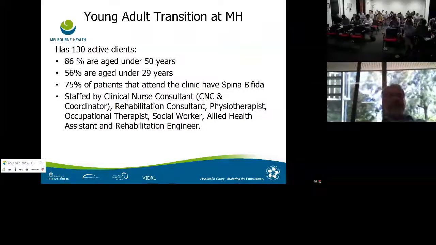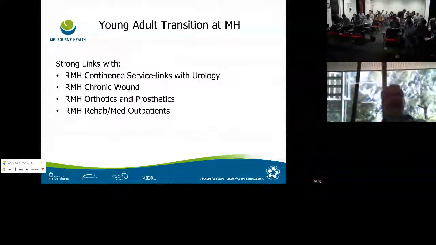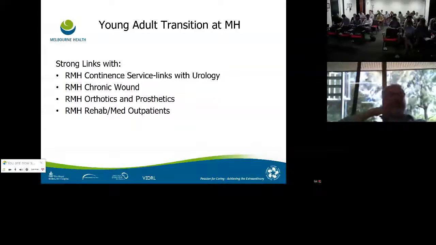wheelchair problems. There were strong links with the Royal Melbourne Hospital Continence Service, and via that, because the geriatrician who worked in that service also had a lot of expertise in dealing with younger patients with multiple sclerosis, and he also attended a urology clinic at Royal Melbourne Hospital City Campus once a week.